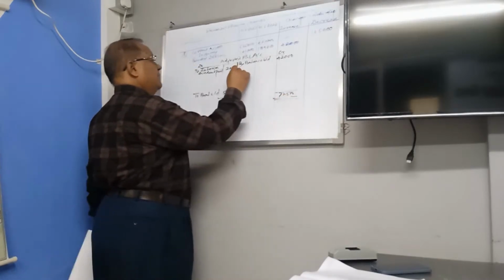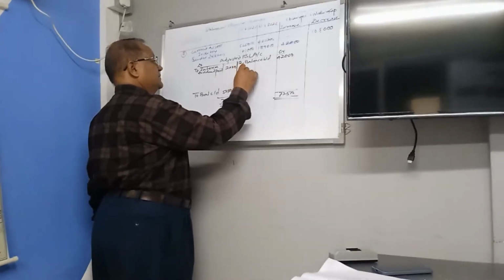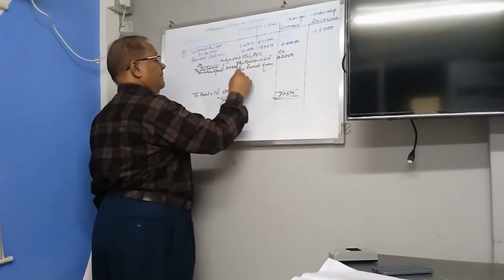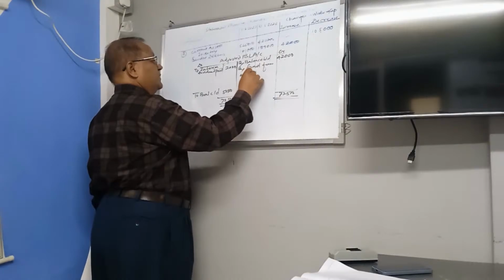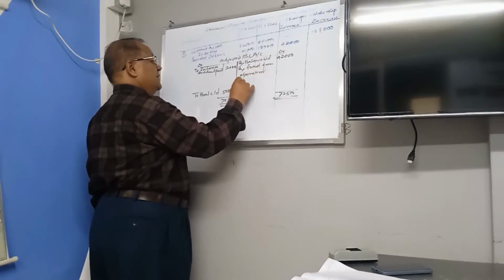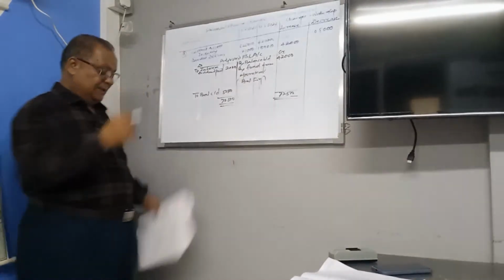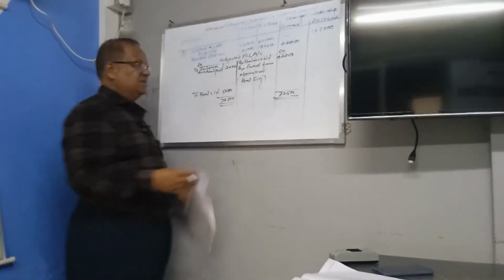Then you will get here by funds from operations. The balancing figure you will get there, so that is 30,500.